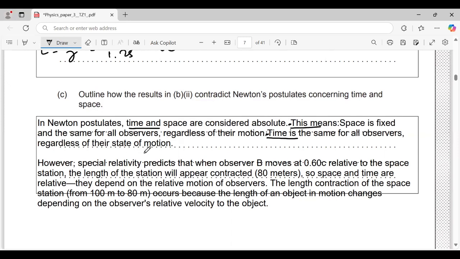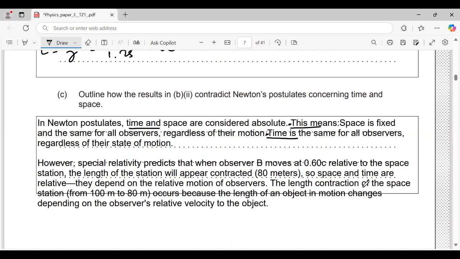However, according to special relativity, when observer B moves at 0.60 c relative to the space station, the length of the station will appear contracted to 80 meters. So space and time are relative. According to Newton, space and time are absolute, but according to special relativity, they depend on the relative motion of observers.